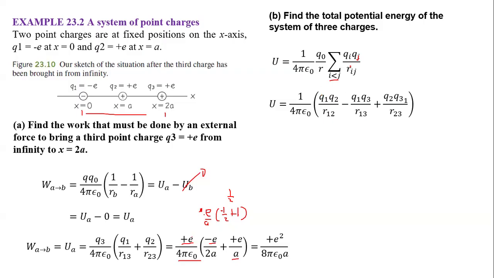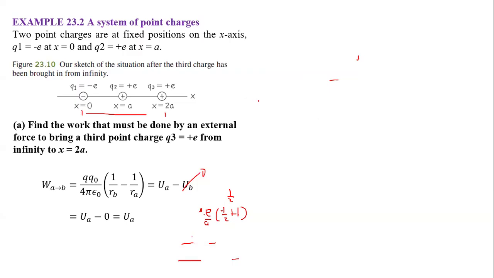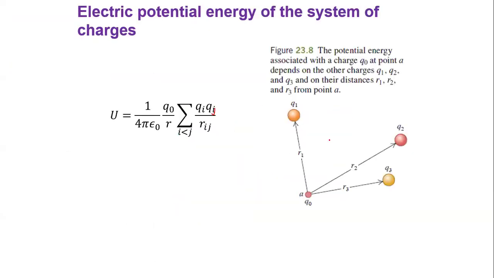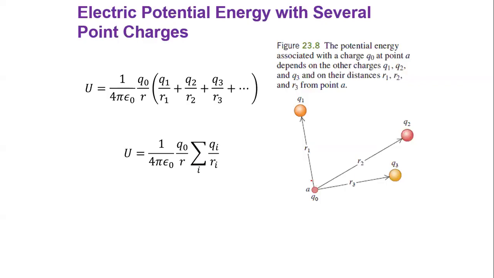So j must be greater than i so that this will prevent us from redundant pairing. So just like this, we pair this with this one, we pair this with this one, and the next is we pair this one with this one.